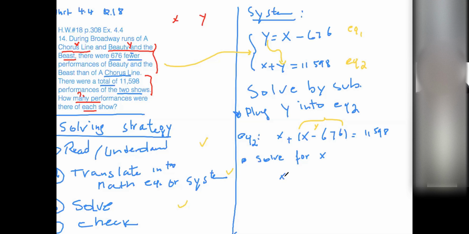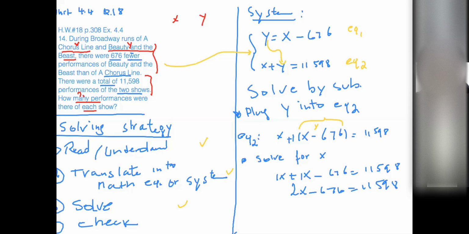When you have a plus in front of parentheses, it's like plus 1 times something, it won't change anything. So x minus 676. What else? Then you put 2x minus 676. Exactly, you're going to combine like terms. So you have 1x plus 1x, 2x minus 676, equals 11,598.